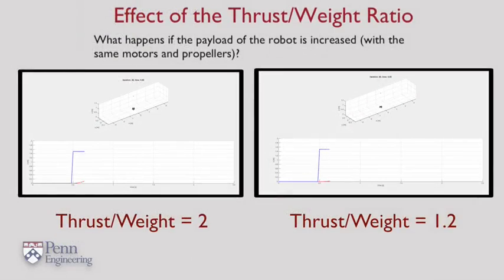I'm going to now show you two videos. The only thing that's different in the two videos is the assumed value of maximum thrust. On the left side, the maximum thrust to weight ratio is 2, and on the right side, the maximum thrust to weight ratio is 1.2.